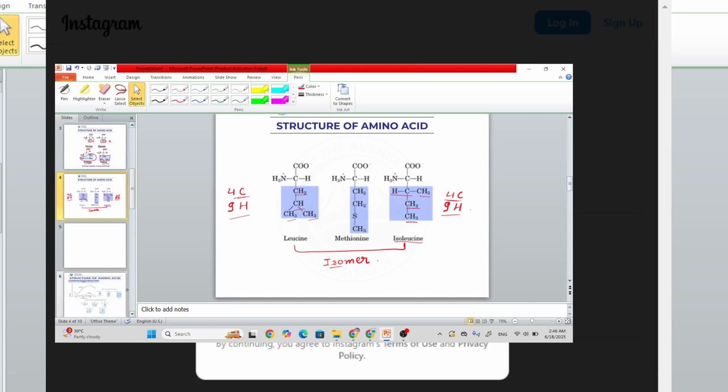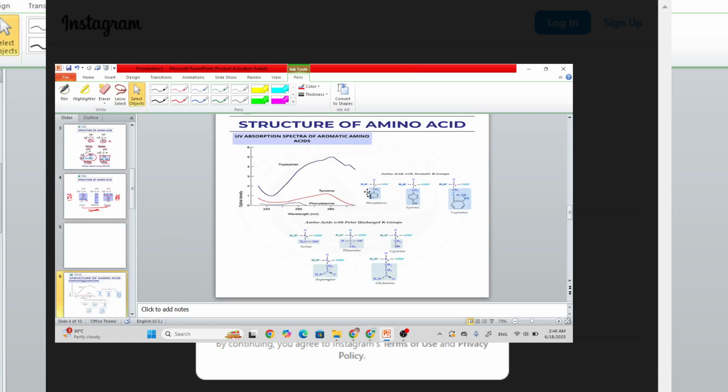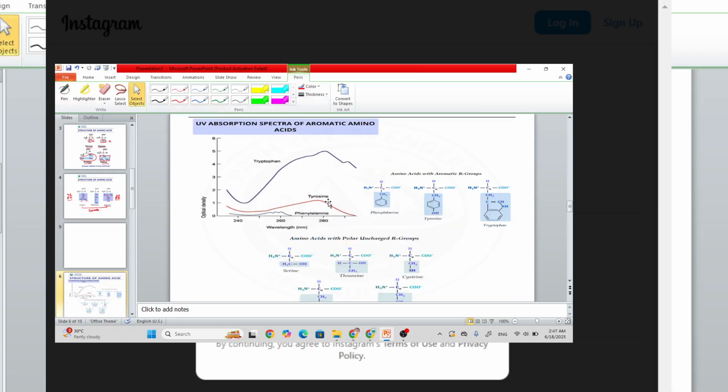Next, these are the negatively charged amino acids. Aromatic R chain, non-polar: phenylalanine, tyrosine and tryptophan. These also contain different types of R chains.